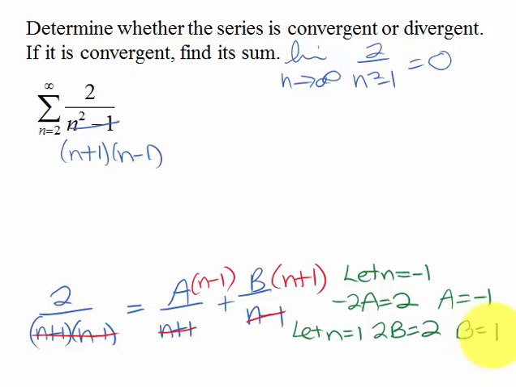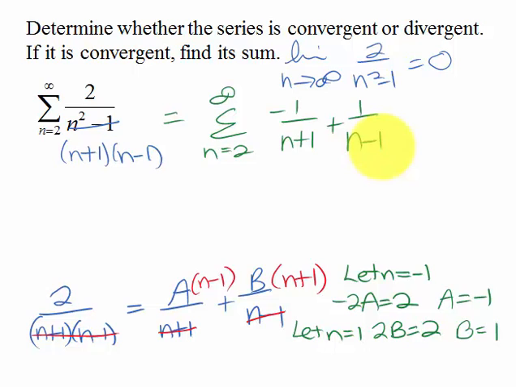So we could split this series up, and it would look like the sum as n goes from 2 to infinity of negative 1 over n plus 1 plus 1 over n minus 1.